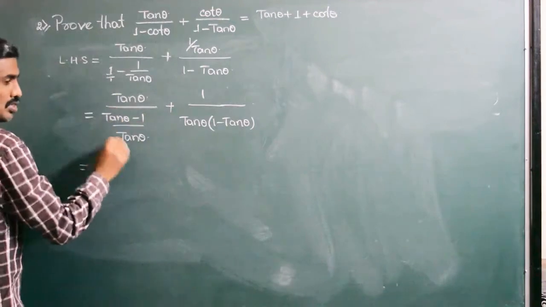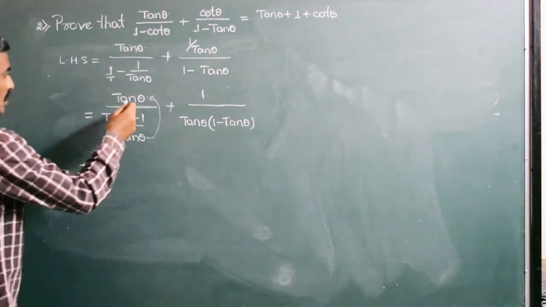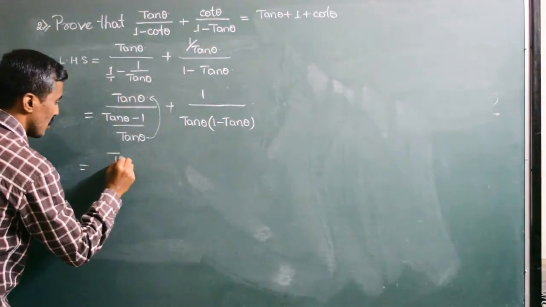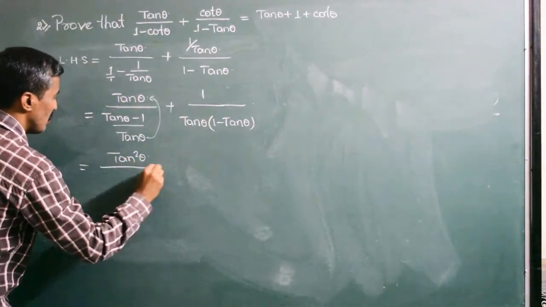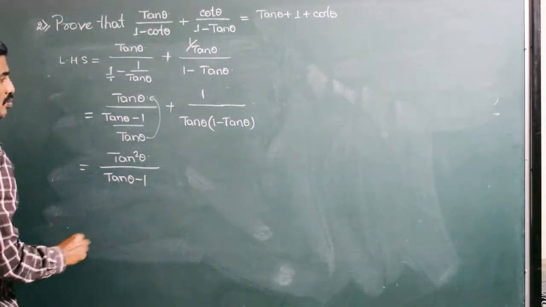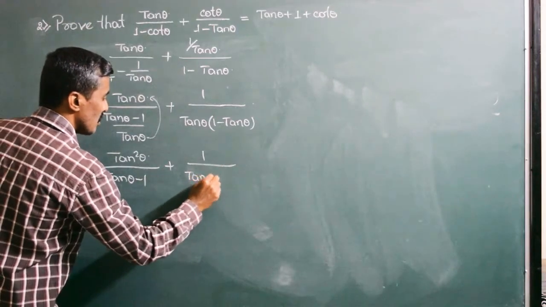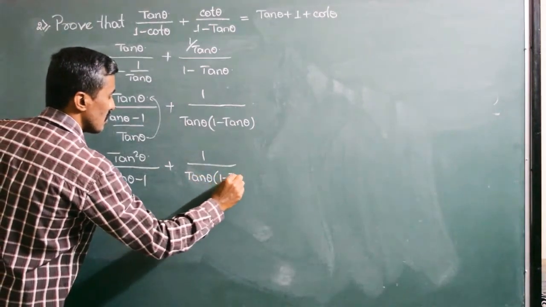Next, we have to divide this, correct? So this tan theta goes to numerator. So tan into tan theta, that is tan square theta, whole divided by tan theta minus 1, plus 1 divided by tan theta into 1 minus tan theta.